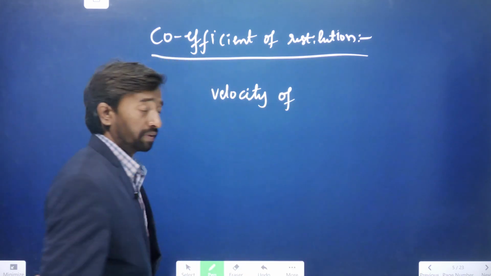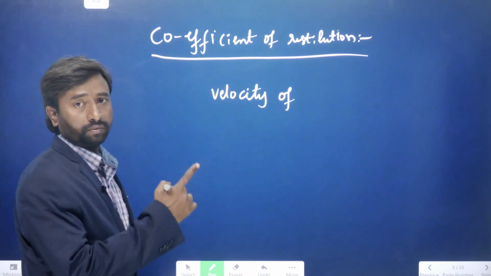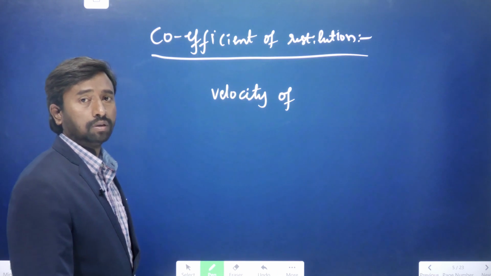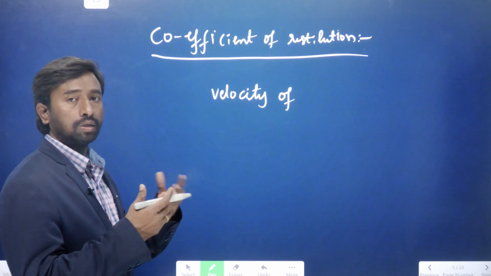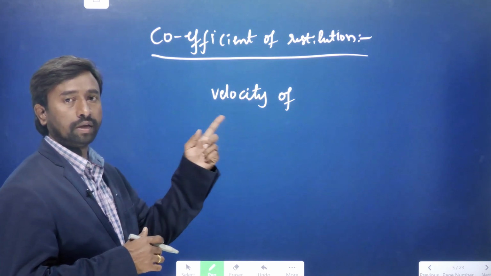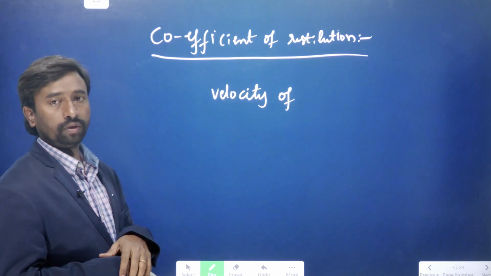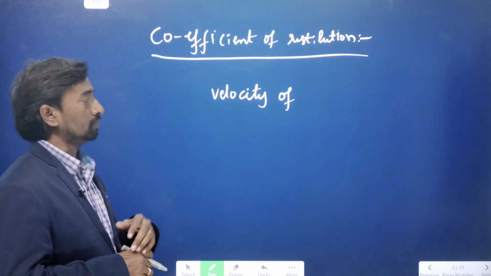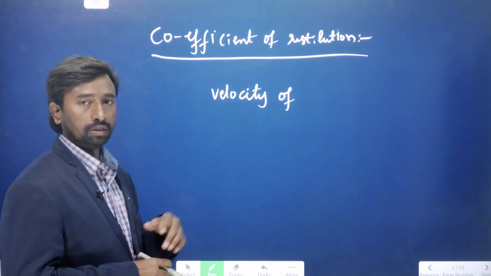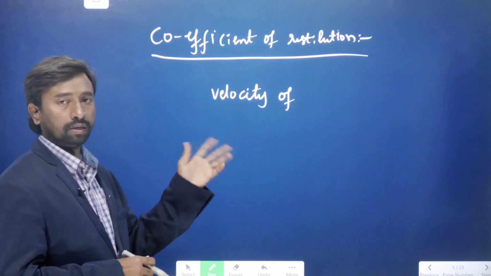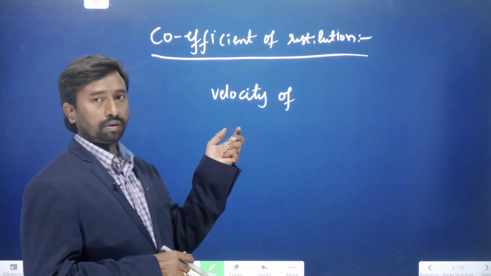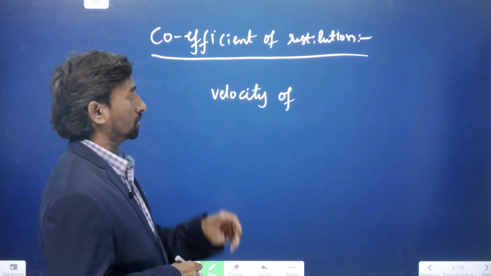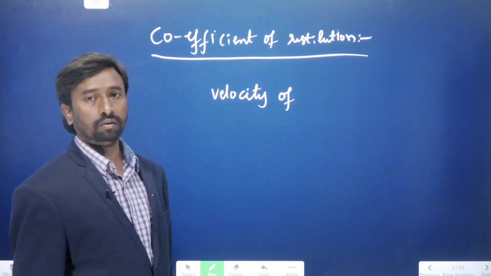In the perfectly elastic collision, we derived the equation of final velocities of the two objects which collided. After the collision they move with different velocities, and we got the V1 and V2 values. Before that, by using the law of conservation of linear momentum and the law of conservation of energy, we got certain equations, and from those we found the relation between the final velocities.